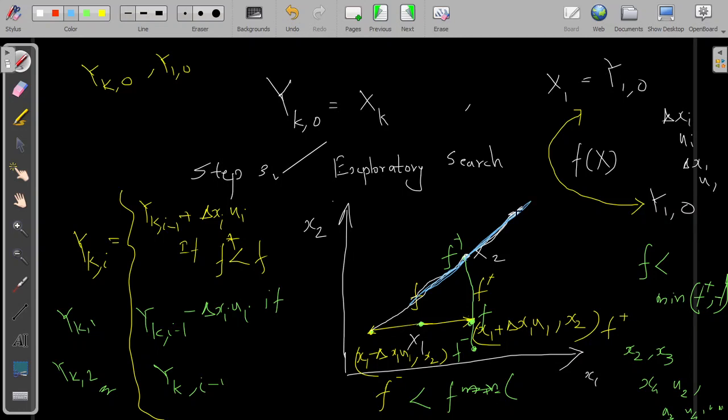Suppose the correct direction is this manner, let us assume that. So we get a new optimum point, y k plus 1 0, or in this case y2 0.